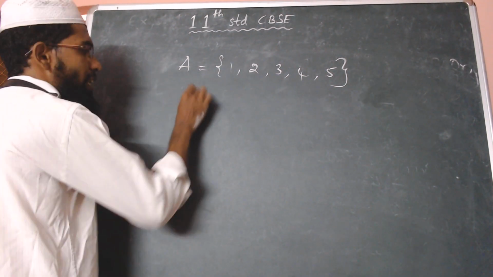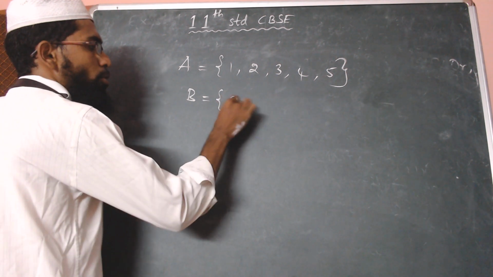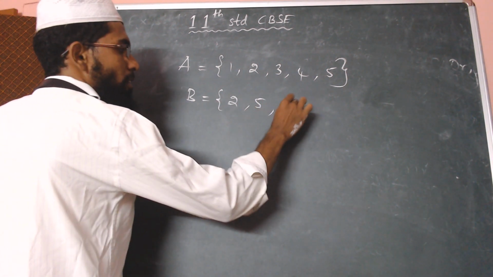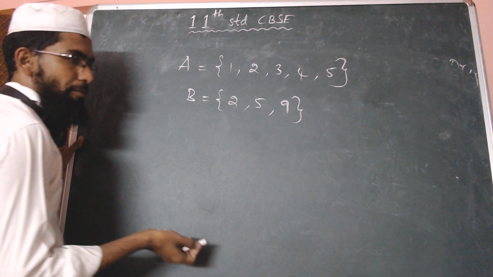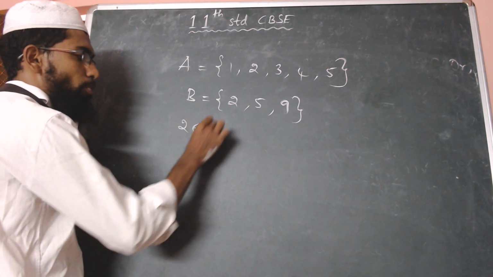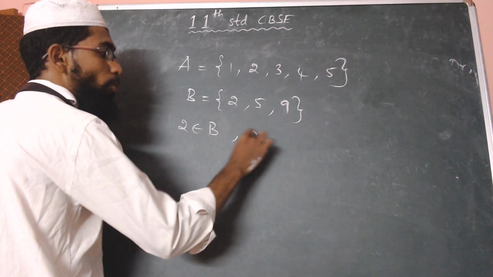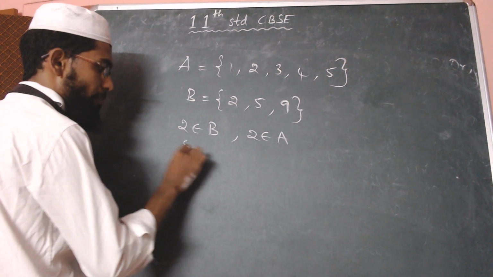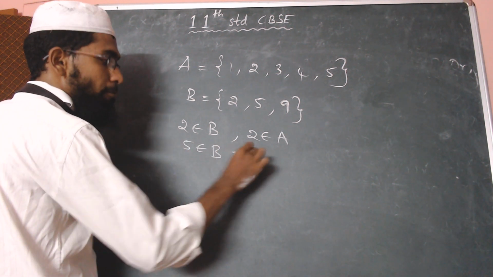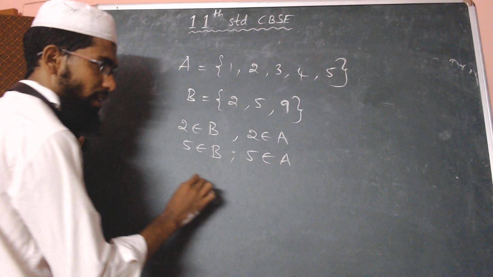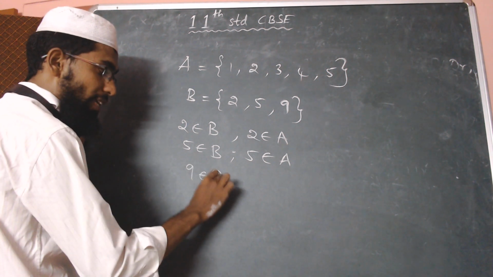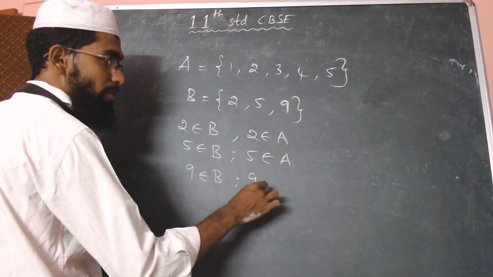Let me take B equal to {2, 5, 9}. Let me take the same definition itself. 2 belongs to B, also 2 belongs to A. 5 belongs to B, also 5 belongs to A. 9 belongs to B. But what about 9? Does it belong to A?